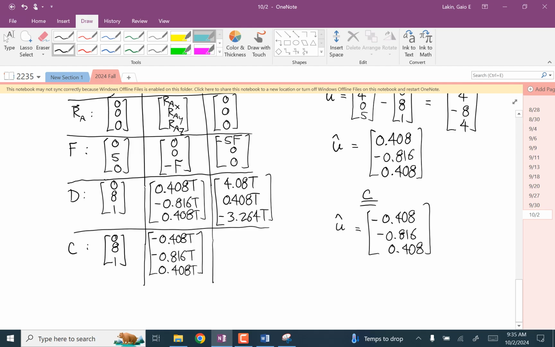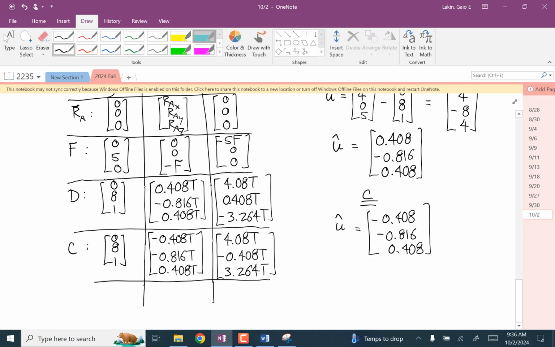And the cross product for that one is 4.08 T, negative 0.408 T, positive 3.264 T. That's what I got.